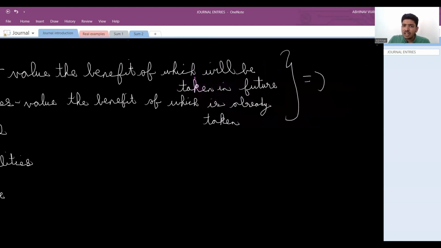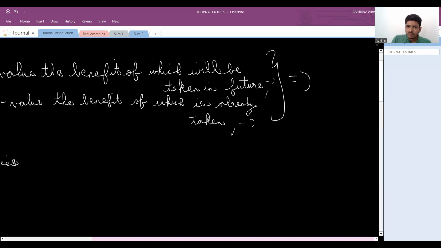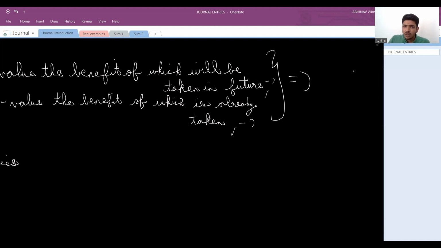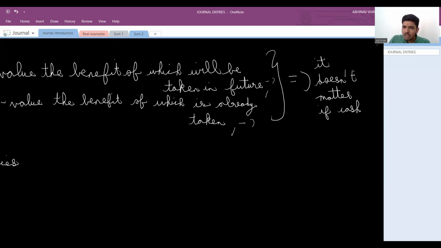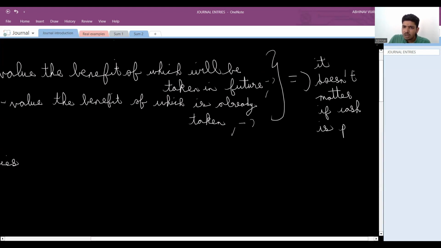After each and every definition, like after future year and then after taken year, write a comma and write: it doesn't matter if cash is paid or not. Write this down.